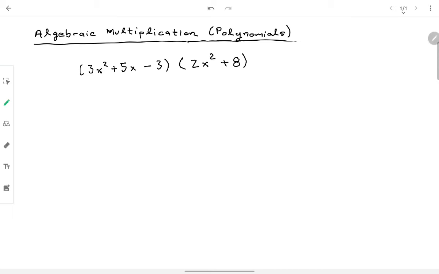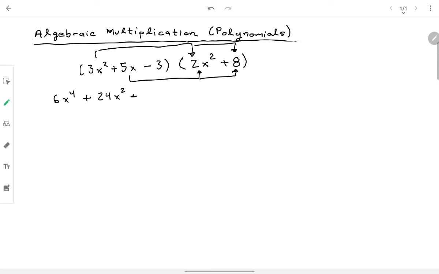In this case, the first term will multiply all the terms in the second parenthesis. So it will be 3 times 2, it's 6x to the fourth, plus 3 multiplied by 8, 24x squared. Then it will be the same with the second one, multiplying all the terms in the second parenthesis.